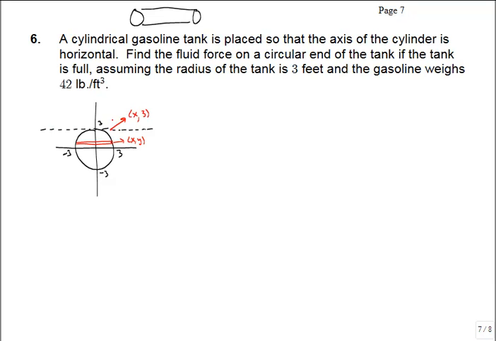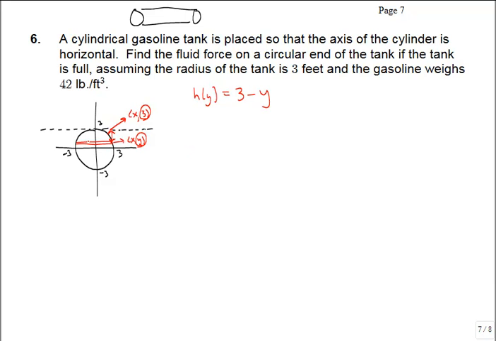Okay, we're measuring from the top of the tank down because it's full. So this depth is going to be this top y value minus this bottom y value. So this is going to be a depth function of 3 minus y. Okay, so as this tank gets more and more full, then you're going to have that water level rising up.